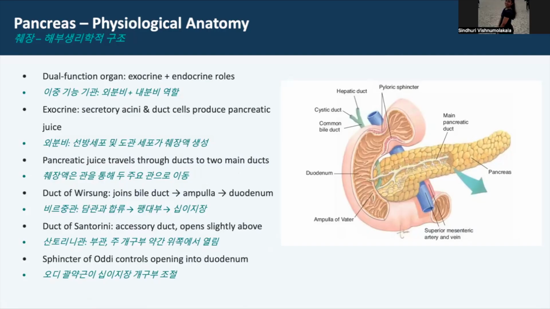And the sphincter of Oddi, which is present at the opening of the ampulla of Vater into the duodenum, controls the opening of this duct into the duodenum and thus regulates the release of pancreatic juices into the small intestine.